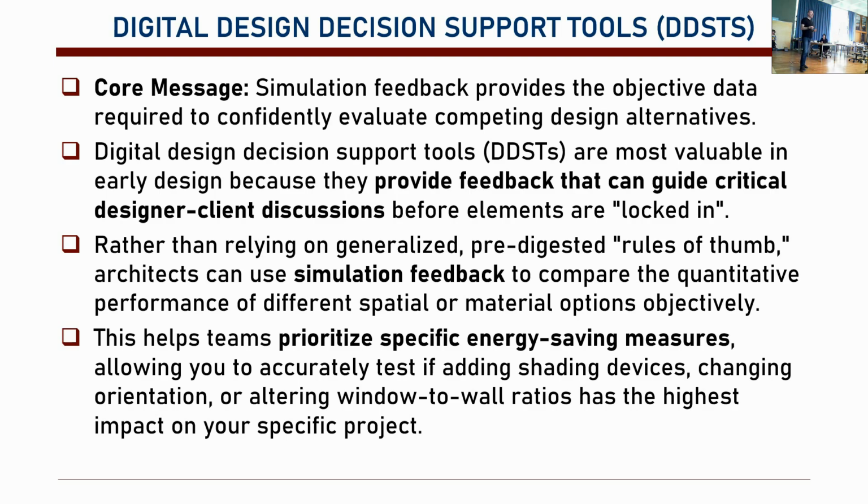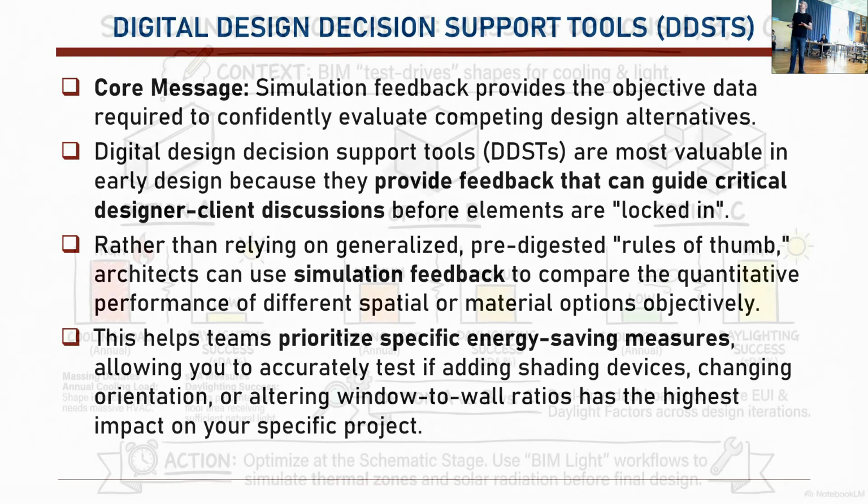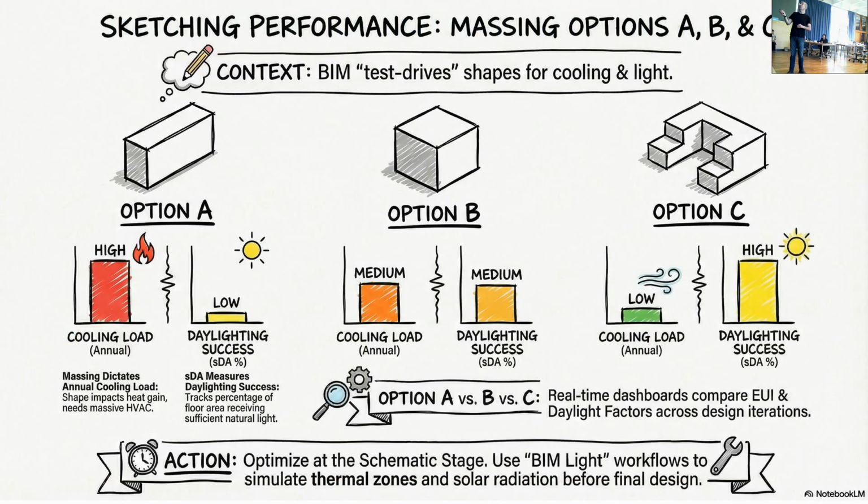So in that regard, as a result, we can prioritize, for instance, the specific energy saving measures, okay? Like how much does it cost to add the shading device, and what do we gain from it, and when do we think that alteration will pay back, okay, that kind of stuff. So we have many options.